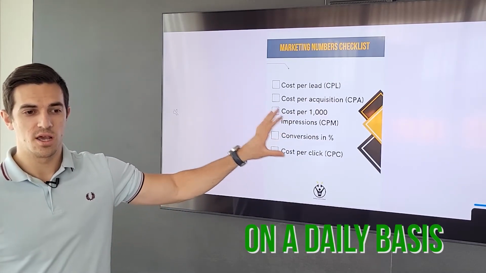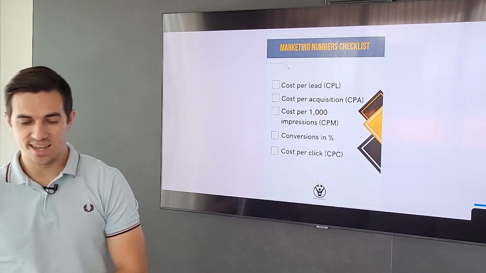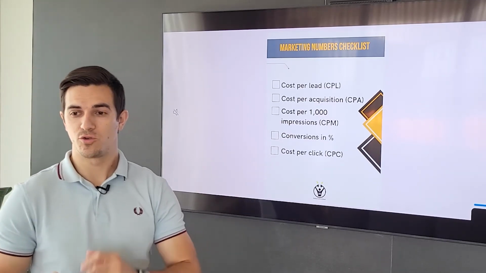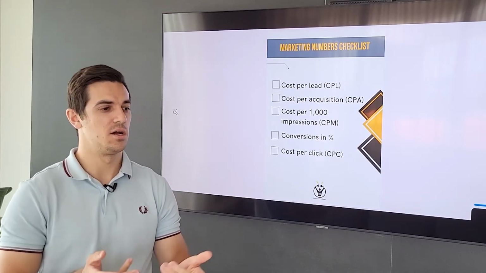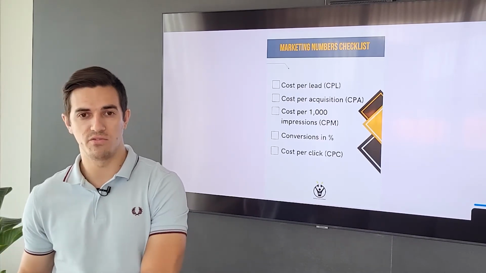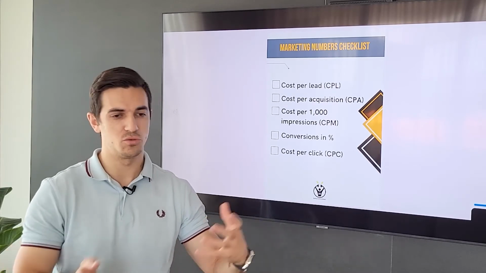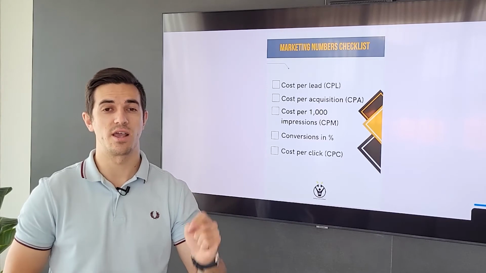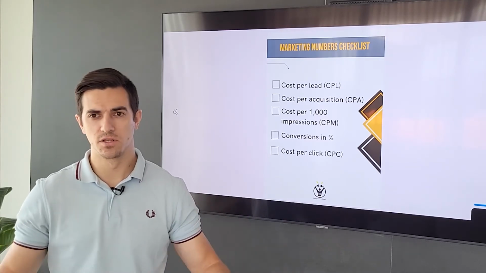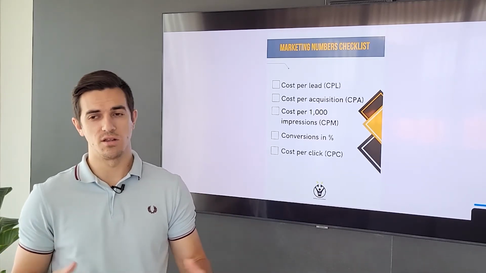Let's say if we talk about sales, of course you need to track how much revenue you're getting on a daily basis, how much is profit, and how much goes to pay for other expenses. And I would strongly suggest you track it on a daily basis. Some people do it on a weekly basis, some people just look at it on a monthly basis.